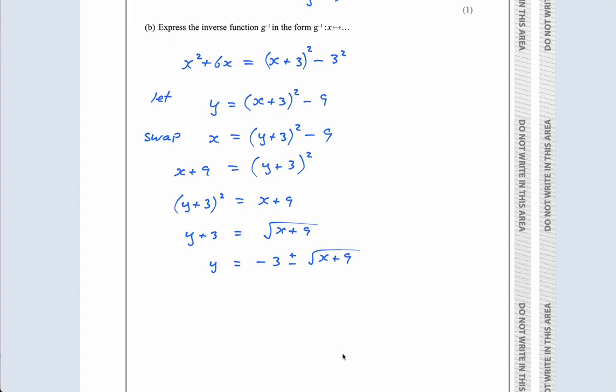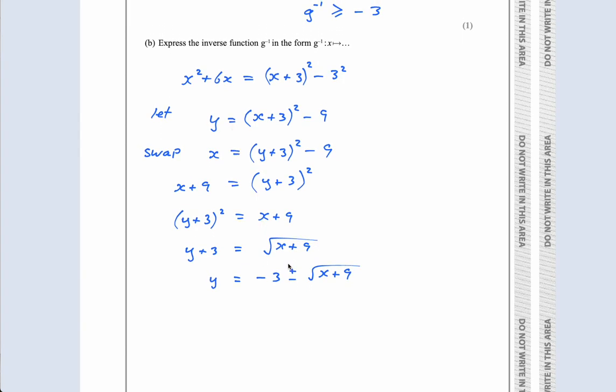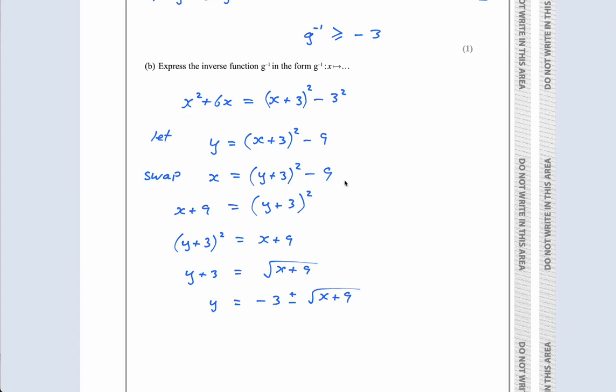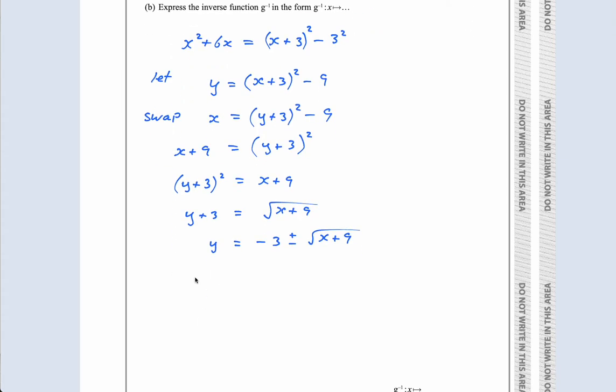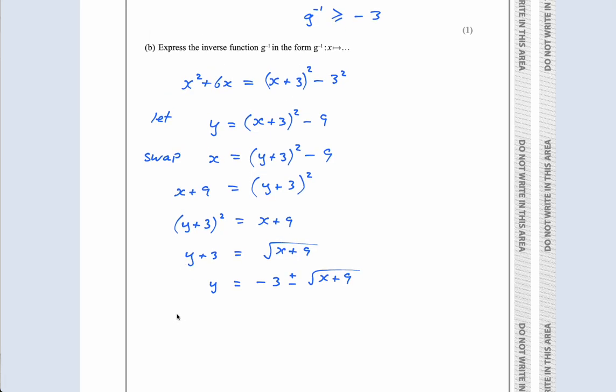Now we've one slight issue here that we have to address. It says minus 3 plus or minus square root of x plus 9, but the inverse function has to be greater than negative 3, because we wrote it here. Therefore, you can write that here, guys, if you want: g minus 1 is greater or equal to negative 3.